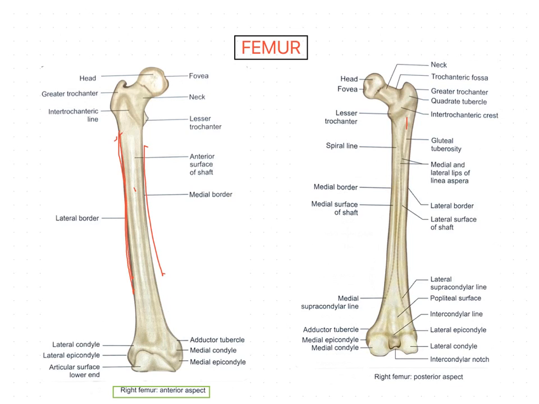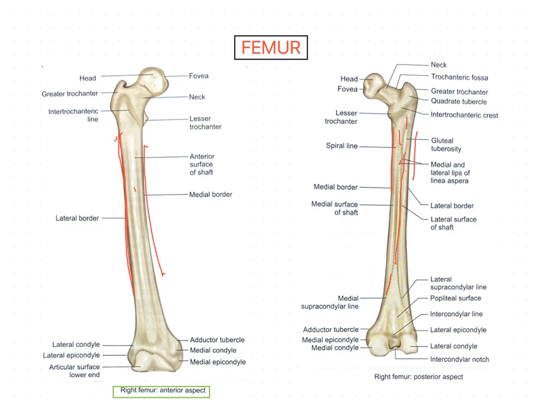If you see the posterior aspect, it has a linea aspera. Here we can see the medial border, and this one is the lateral border. At the middle you can find the spiral line, and this one is the linea aspera, which has a medial lip as well as a lateral lip.